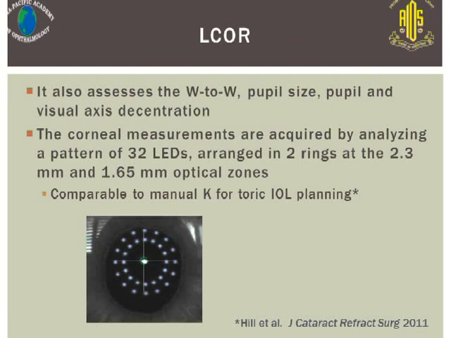It also assesses the white-to-white, pupil size, and pupil and visual axis decentration, and the corneal powers are acquired by analyzing 32 reference points at 2 concentric rings. Because there are more reference points, studies have shown that the values are comparable to manual keratometers, which is good for toric IOL planning.